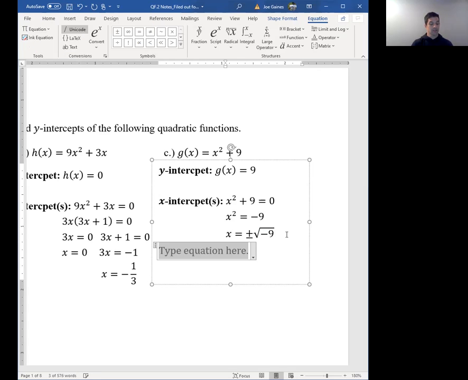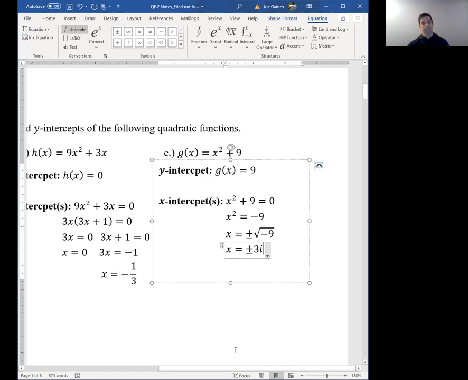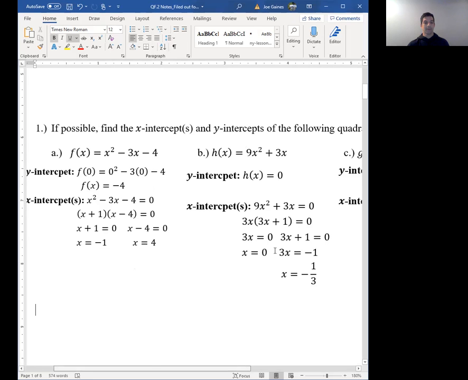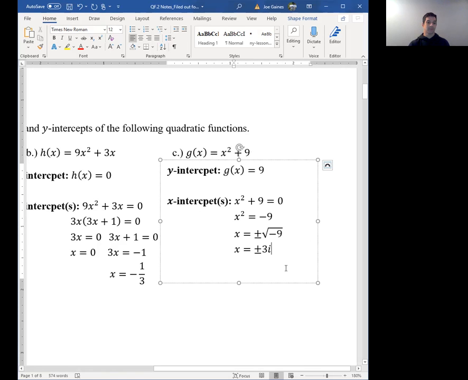Remember, if I take the square root of a negative number, essentially what I'm getting into is moving from the real numbers into imaginary numbers. So the square root of positive 9 we know is 3, and because the square root of negative 1 is i, my answer here would be plus or minus 3i. So what does this tell me about my x-intercepts?